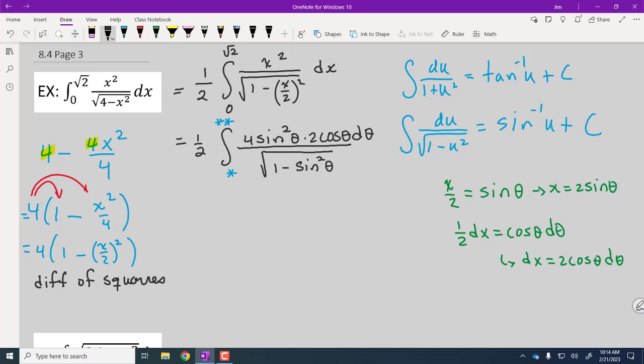The way that we would make sure that's true is right here. If x is 0, what is the angle? Sine of what is 0? Sine of 0 is 0. Sine of 0 radians. And then right here, if you did it as square root of 2 over 2, sine of what angle is root 2 over 2? Pi over 4. So the angle is between 0 and pi over 4, which tells us cosine is positive.